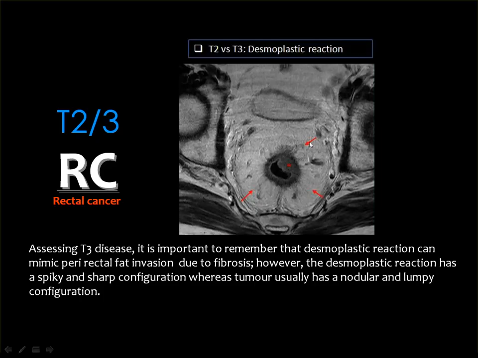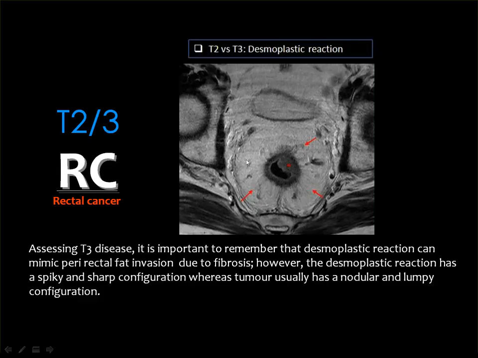Either this is tumor infiltration, or this is a desmoplastic reaction. Desmoplastic reaction means that these are fibrous bands and they are not tumor. If these are fibrous bands, then you consider T2. If these are tumor invasions, then you consider T3.